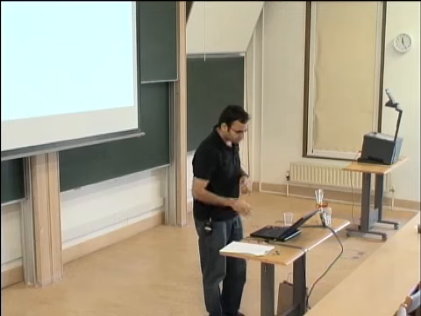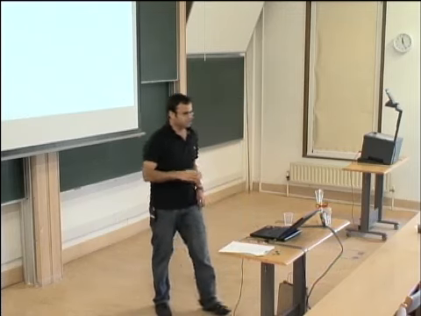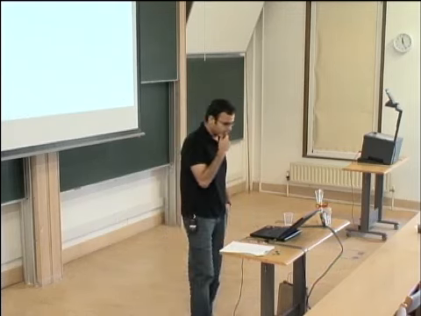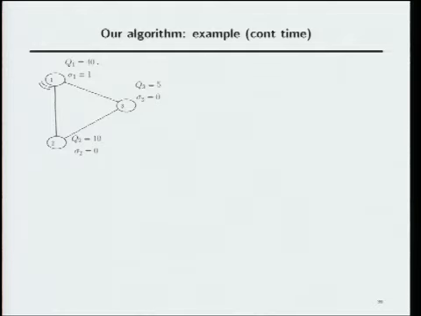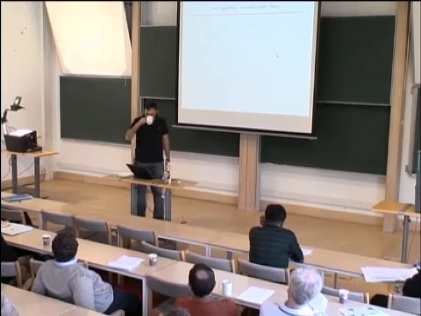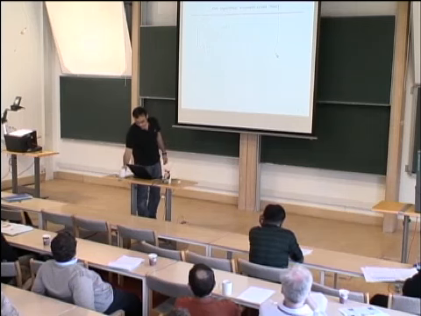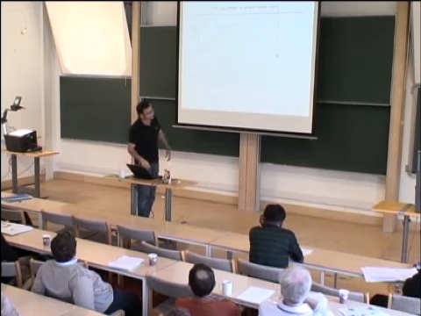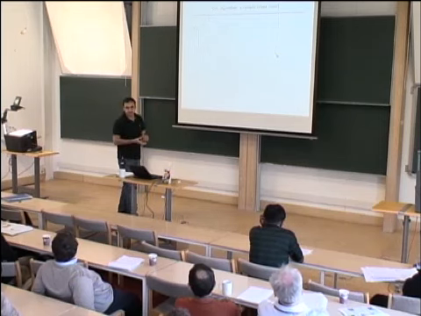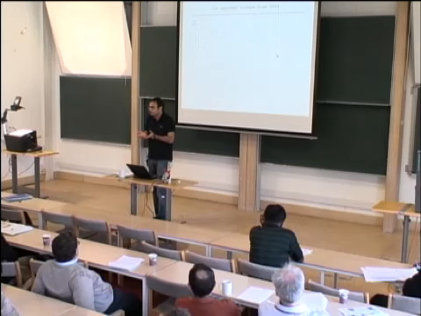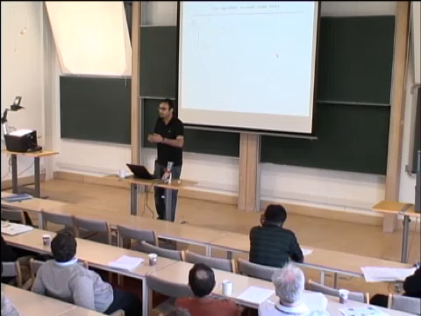Here's a caricature to make sure I explain the algorithm well. Let's think of this 3-node setup, and suppose at some time node 1 is transmitting and nodes 2 and 3 are not transmitting, and those are their queue sizes. Now let's say this node's clock ticks. It was transmitting at this time, so with high probability it should continue, with small probability it should give up, and that's what it's doing here.